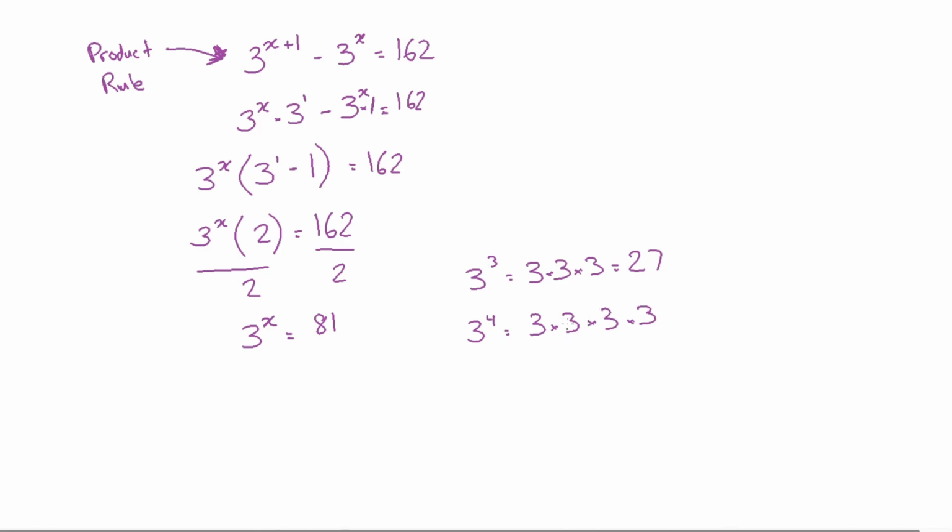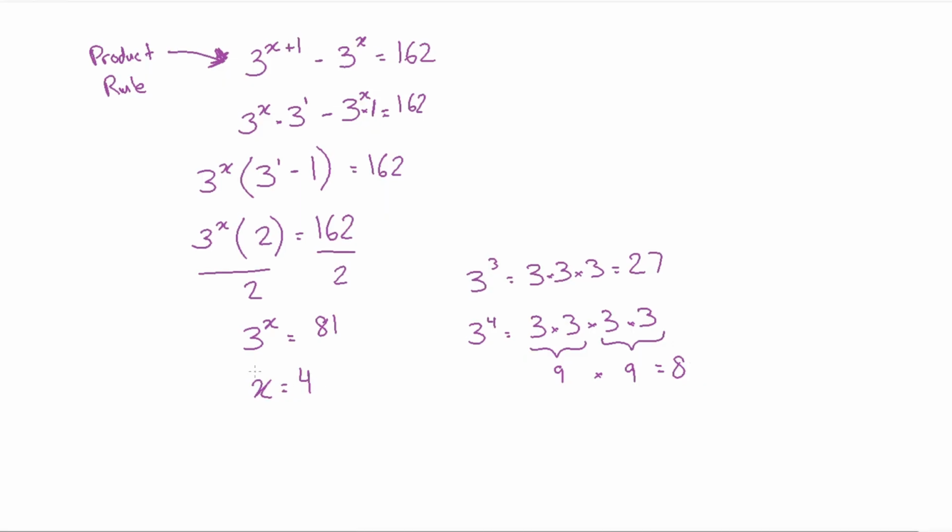Well, 3 times 3 is 9 times another 9. 9 times 9, and what do you know? That is 81. So 3 to the fourth power is 81. So we just solved for x. x is equal to 4.